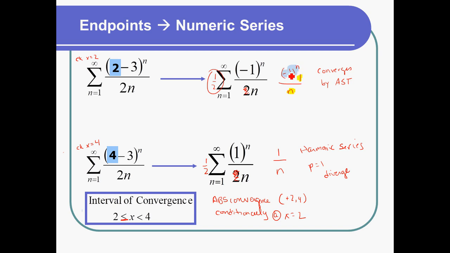If that was inside the absolute value bars when I was running a test, I would get divergence. The absolute value bars have to be removed in order for me to have the alternating signs and get convergence.